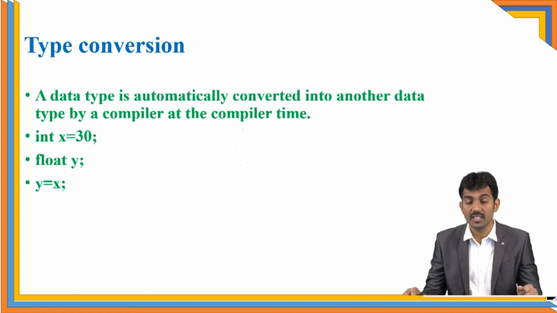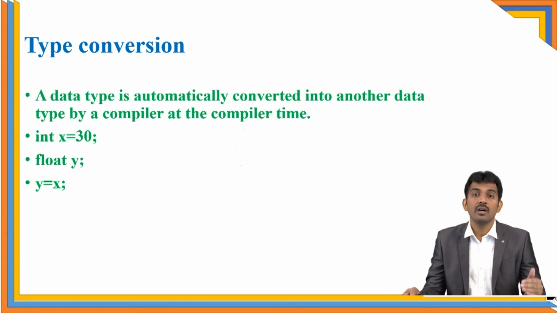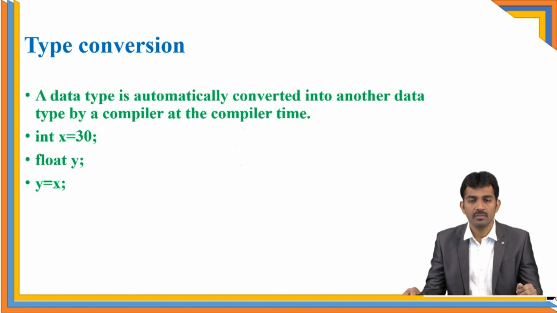In the first class we have discussed what is compilation and what is running. So at compile time, it is going to convert into the flexible data type, so you don't have any effort here. By default it is going to convert. This kind of situation may sometimes cause problems also. Right? Be careful in such situations.